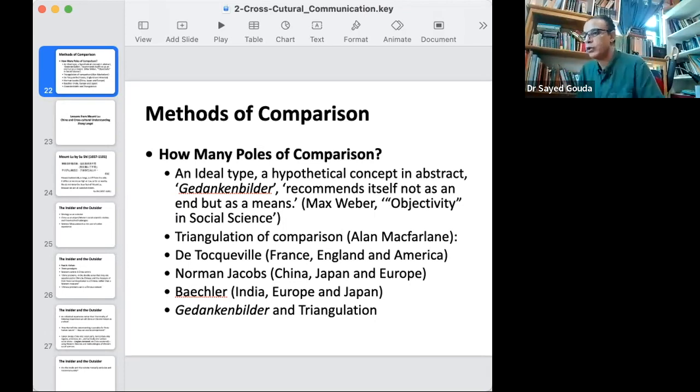So we need to look at, for example, filial piety. Like last week we talked about Asian filial piety and how they care for the elderly, and in Western societies, for example, how they just drop their grandparents in elderly houses.